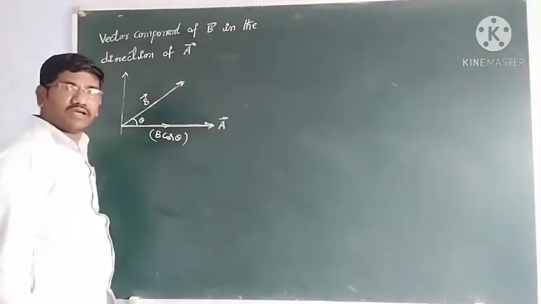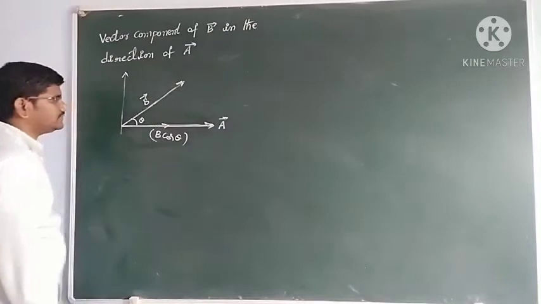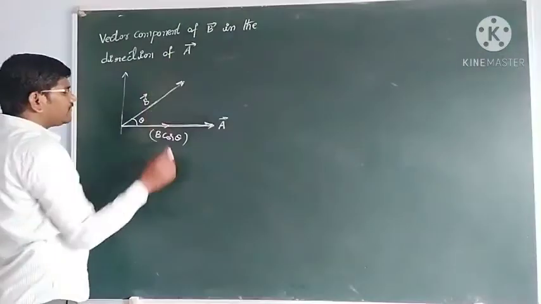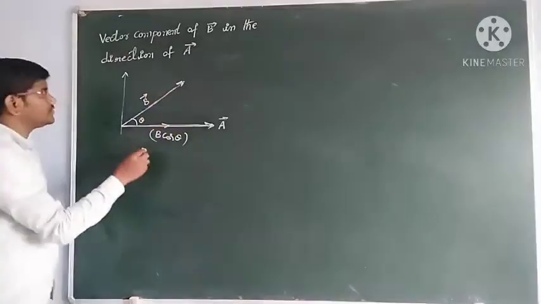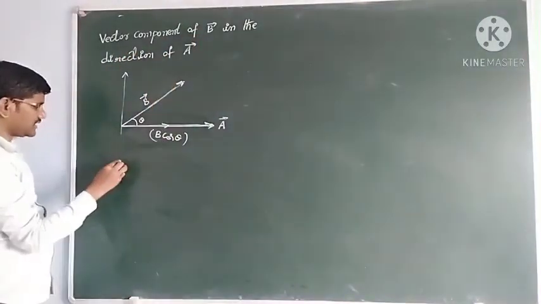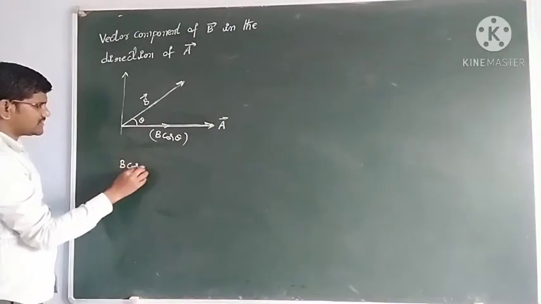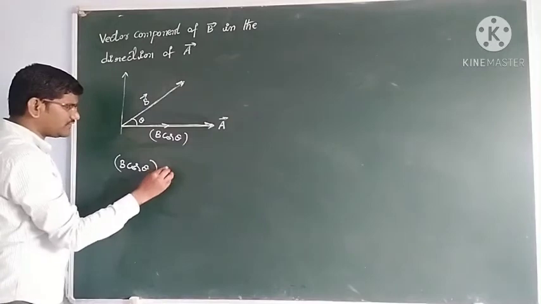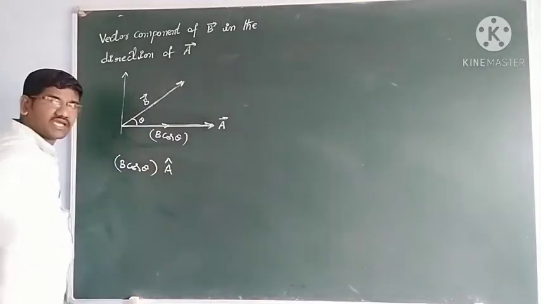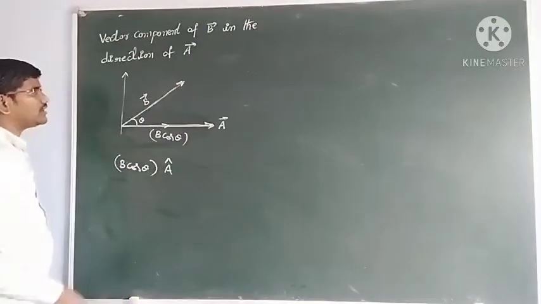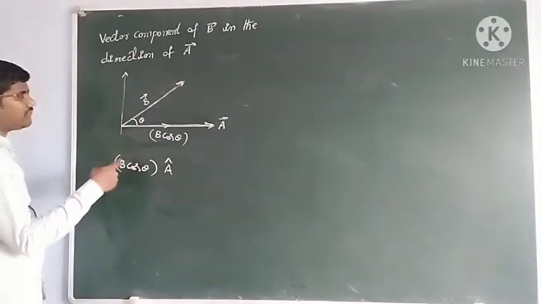Okay, now what I am writing, you see, students. So the vector component of B bar in the direction of A bar is B cos theta. This B cos theta is a scalar. Since it is in the direction of A bar, it should be multiplied with A cap. So this is called vector component of B bar.